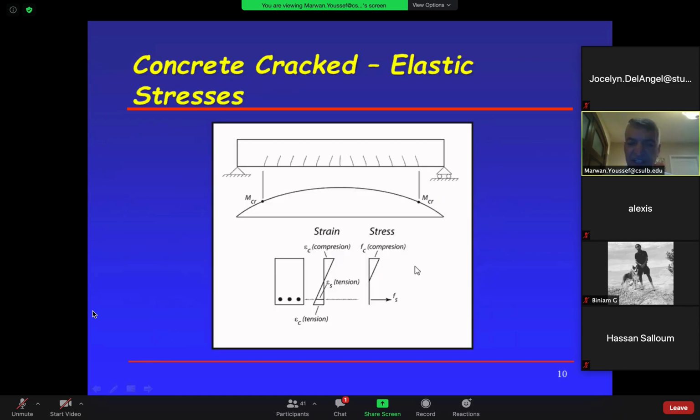Then the load increased a little bit more, the beam cracked at the bottom. What happened? All the concrete below the neutral axis we ignored because the steel picked up the stresses. So look what happened with the stress. We ignored the concrete stress, and we replaced that. We just put the steel in, the stress in the steel.